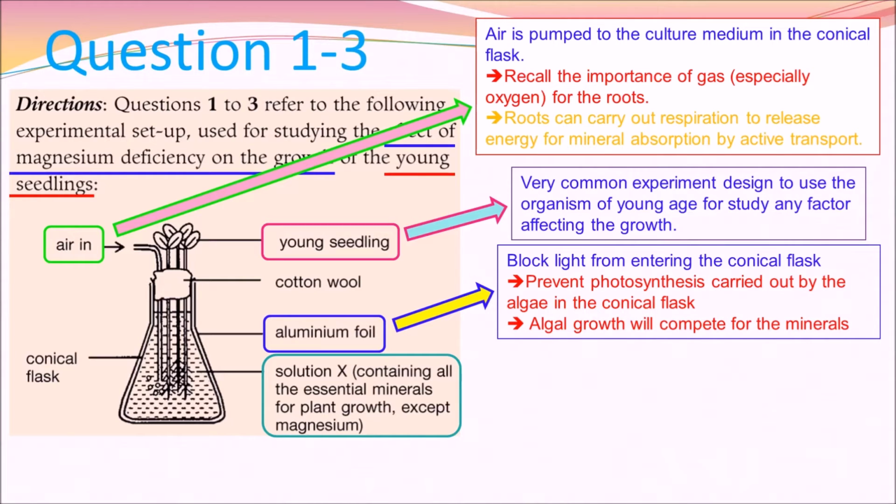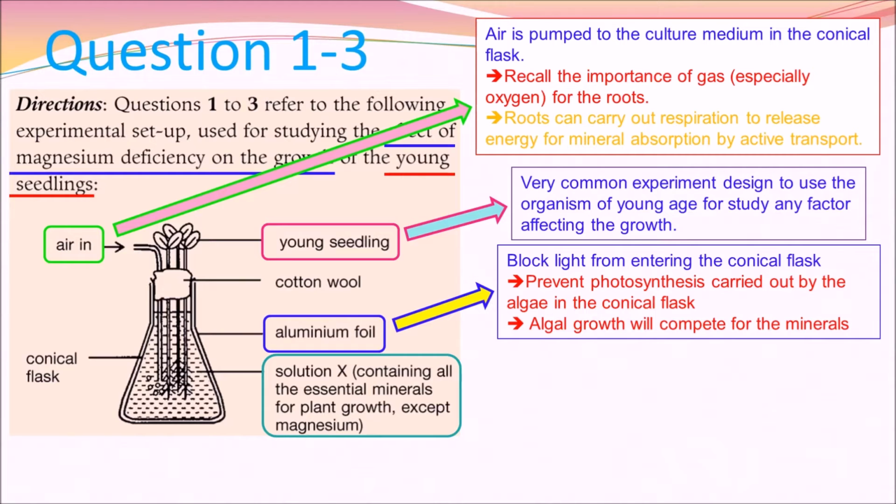Algae are microorganisms which can also perform photosynthesis. So if there is some algae in solution X, just some accidental contamination, and we give them light for photosynthesis, the algae will grow, and when they are growing, they will also compete for the minerals with the young seedlings.